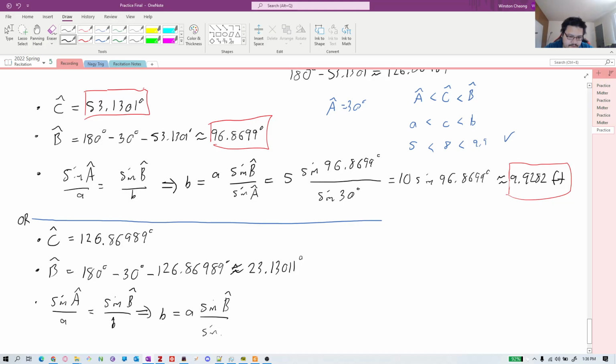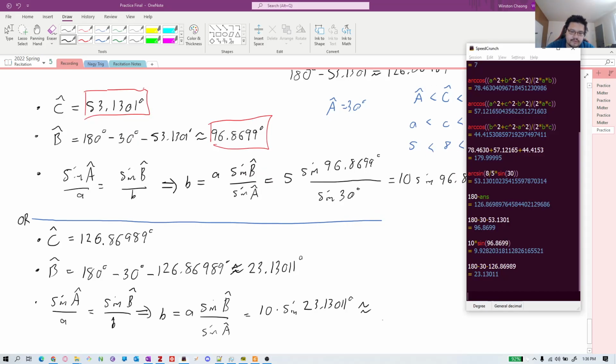Okay, so we do the same thing, except when we substitute, we use the other angle. So again, the 5 and divide by 30 is still going to give me a 10 in front. We still have this. But then we do a sine of the new angle B, so that's 23.13011 degrees. I'm just skipping over this intermediate step here.